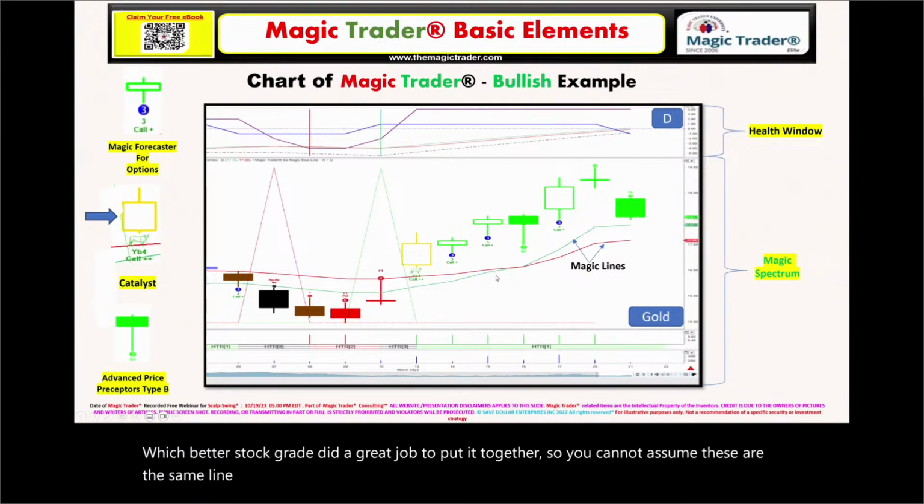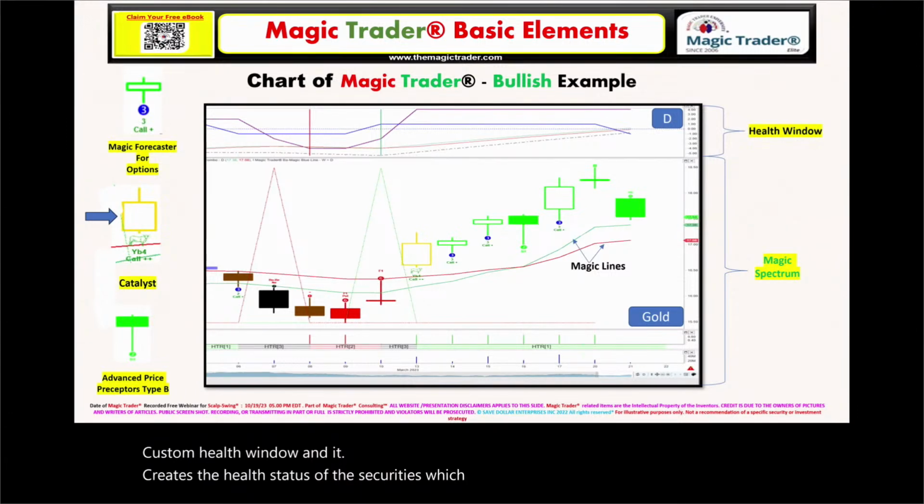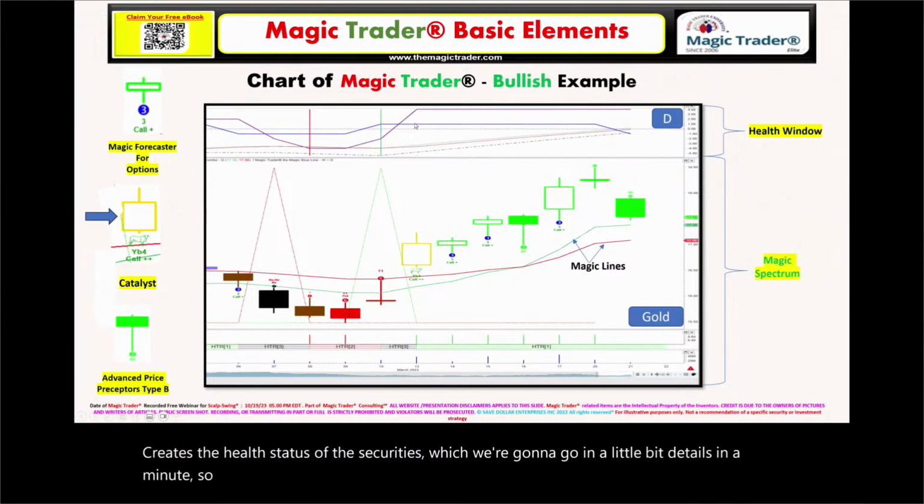They trade different ways, so I just want to be very clear. The most important part is this custom health window. It creates the health status of the securities, which we're going to go into in a little more detail in a minute. I look at that in seconds, and I know whether the security is doing good or not.